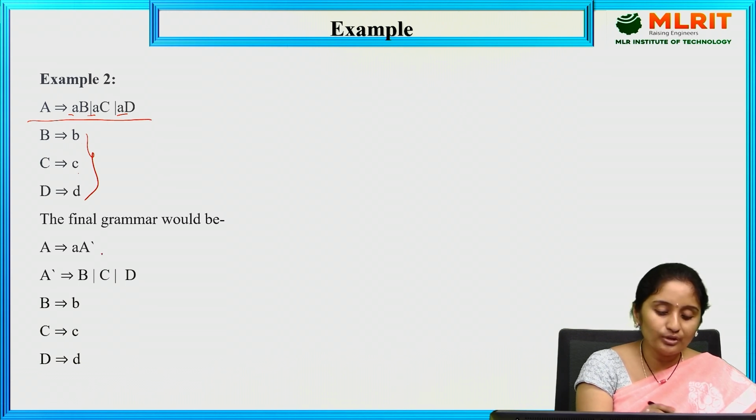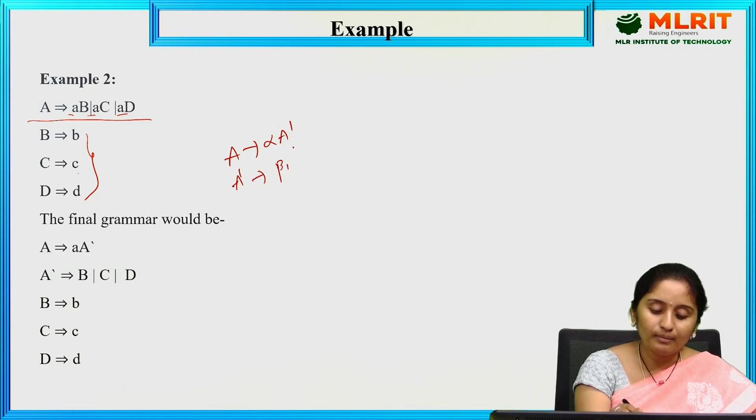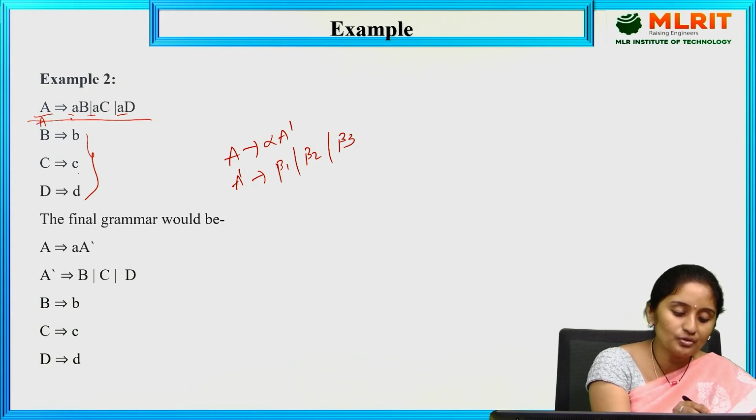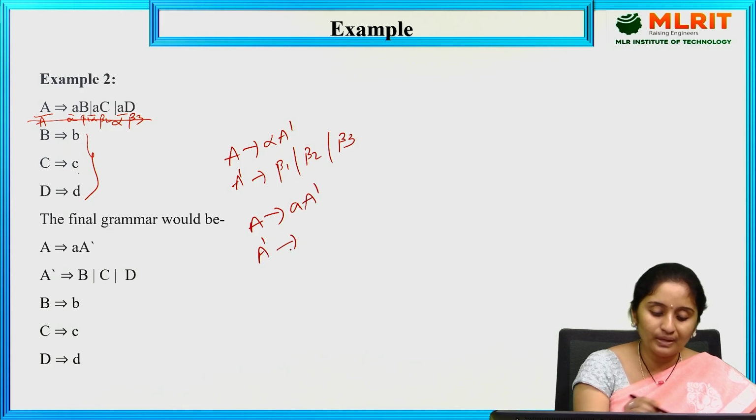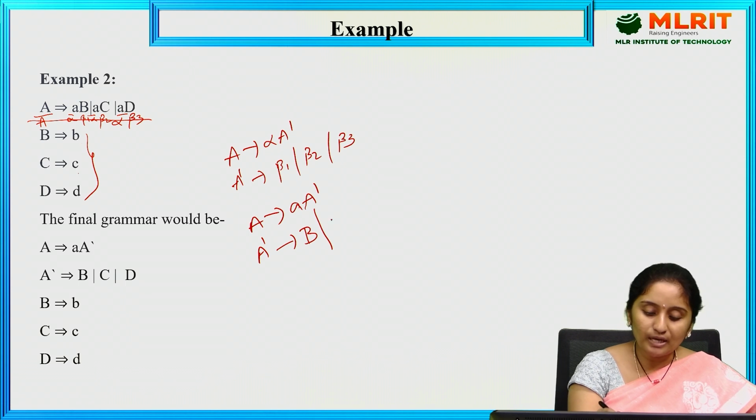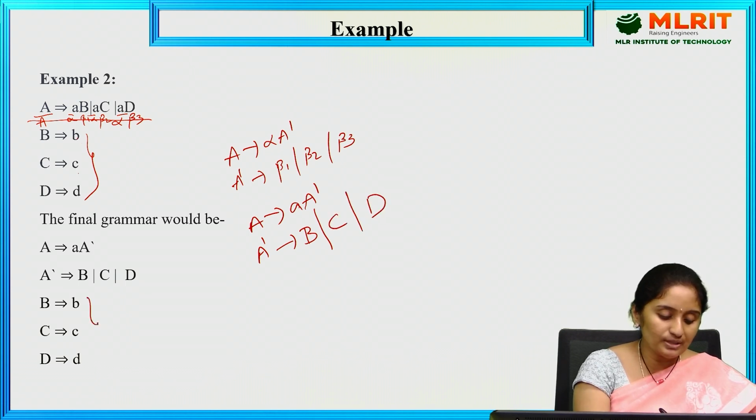So how are we going to eliminate it? A produces alpha A dash, and A dash is nothing but beta 1, beta 2 and beta 3. Here, A produces A A dash, and A dash produces B, C, D, where beta 1 is B, beta 2 is C, and beta 3 is D. The remaining productions stay as they are.